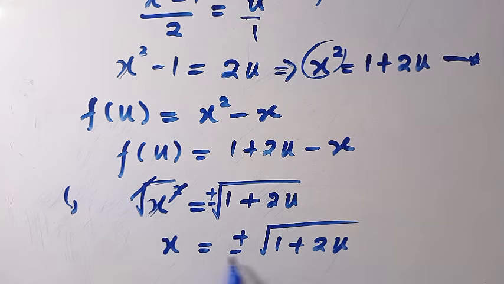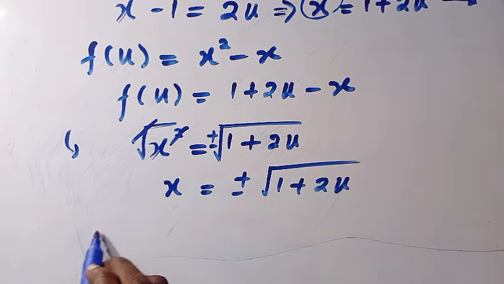But I said earlier that this is not a single valued function. We have plus or negative, but only one of it satisfies, and we are going to show how only one of it satisfies by putting a quick check of the answer we get.